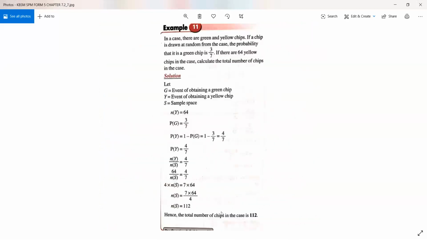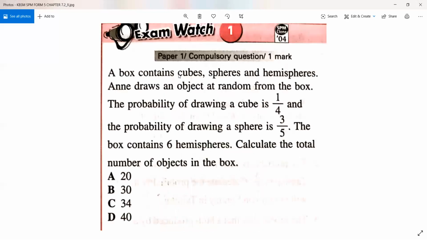What did we do with the yellow chip and green chip? First we found the probability of the yellow chip, and then we used it with the number of yellow chips to find the total number of chips in the case. The same thing we are going to do here. First, we find the probability of the hemisphere, which is 1 minus 1 over 4 minus 3 over 5, so it is 3 over 20.